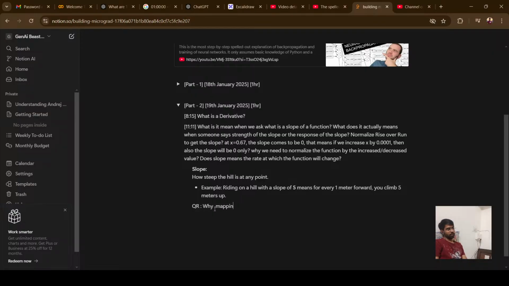Why a function is always represented as a polynomial.